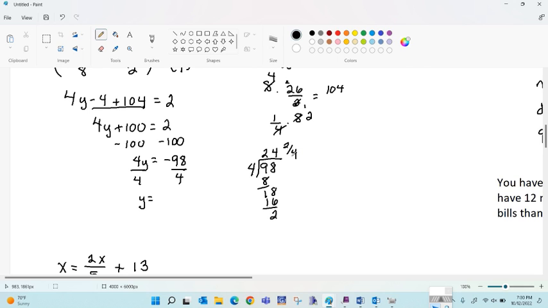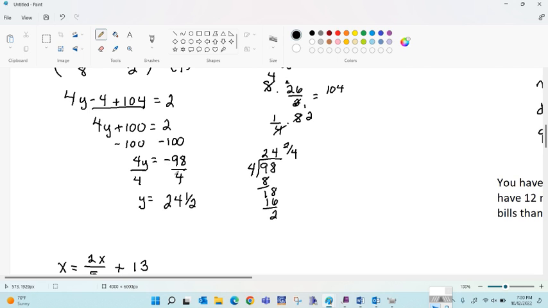And 2/4, hopefully by now you would just know that that's 1/2 because you divide by 2 over divided by 2. So 24 1/2.